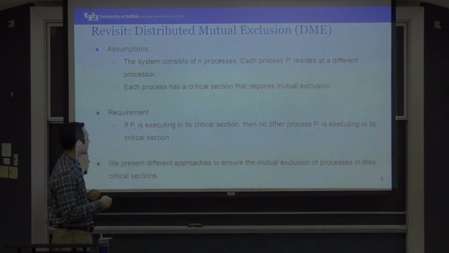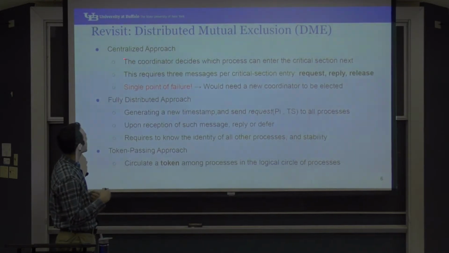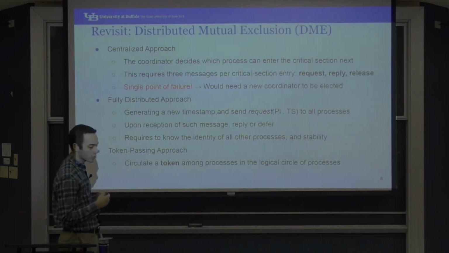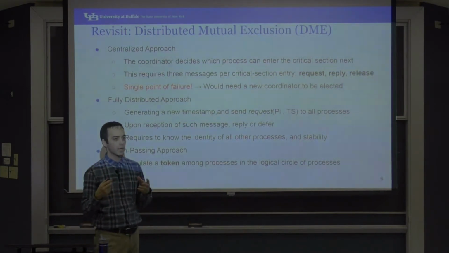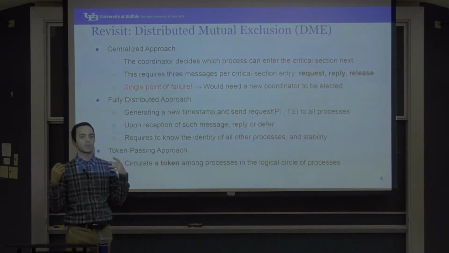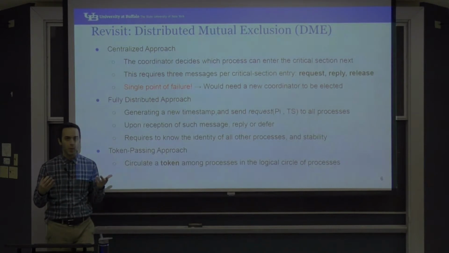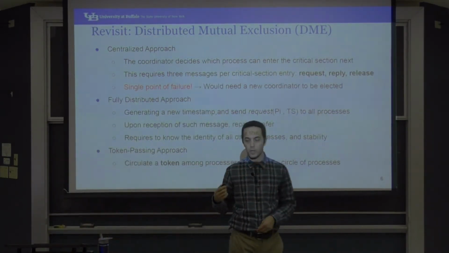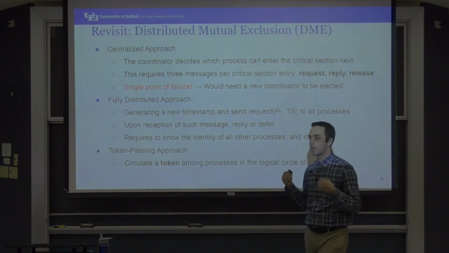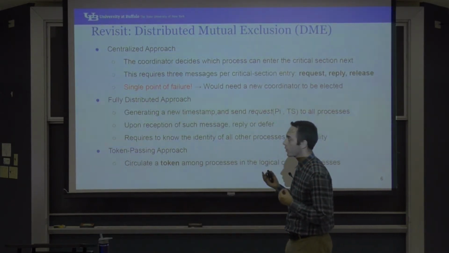One of the different approaches for this is the centralized approach. For the centralized approach, we have a coordinator, and everyone asks the coordinator for permission to enter their critical section. The coordinator is known to everyone; all the processes should have access to it and be able to communicate with it.